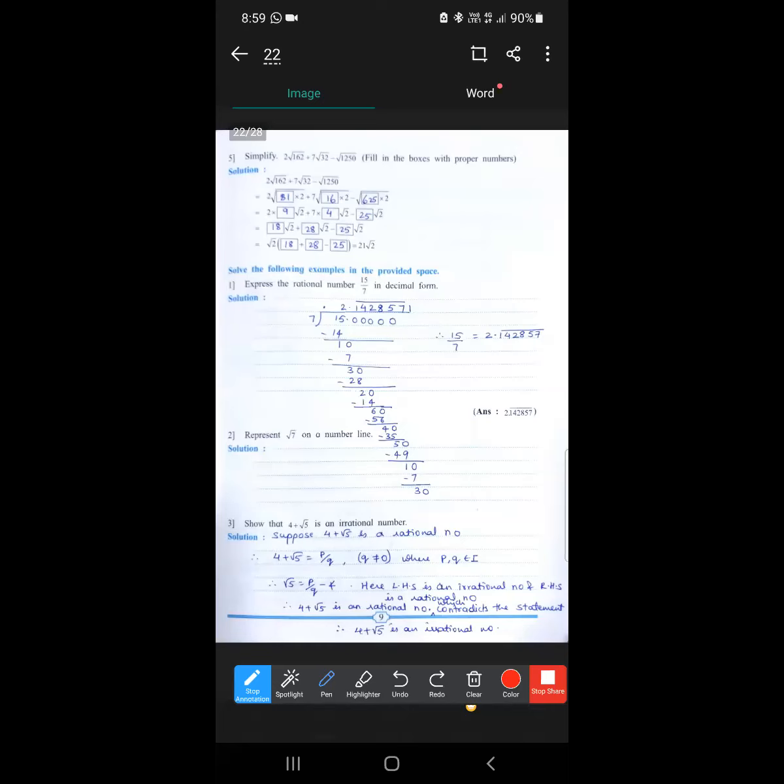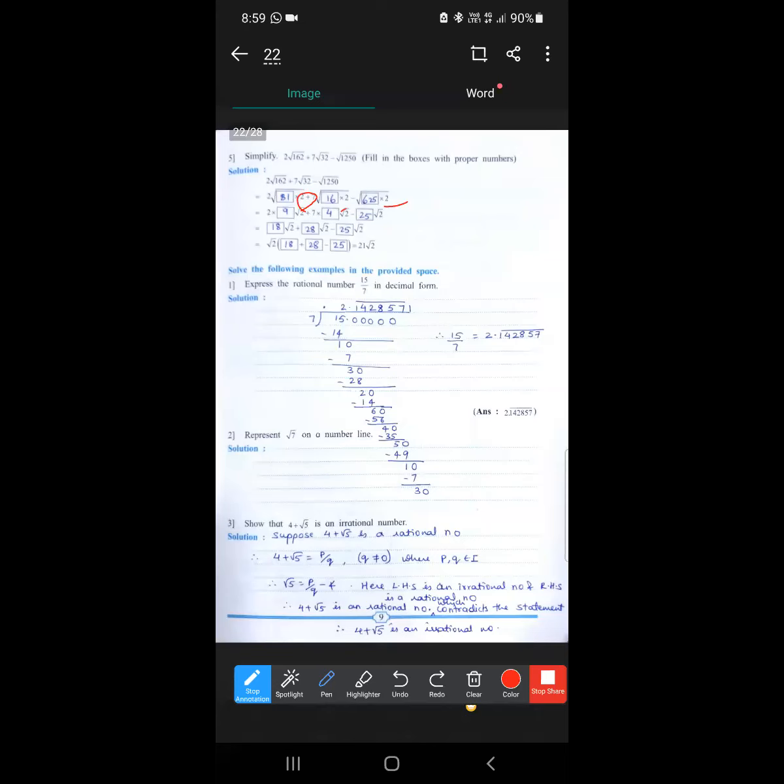Now whatever the surds are, that is 162, 32, 1250, you can see in the next step. Here they have given 2 root, some block, then multiplied by 2. That means you need to simplify in such a way that it should be a perfect square.